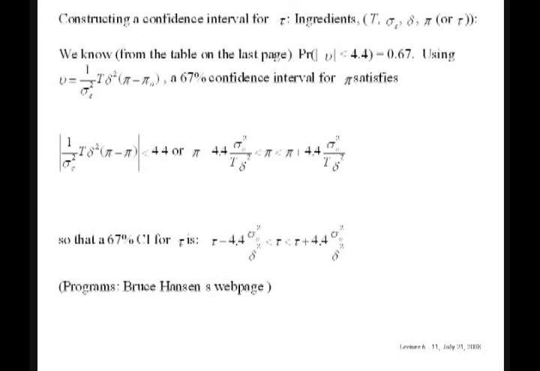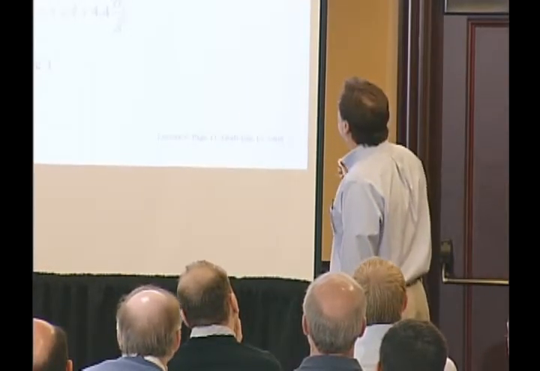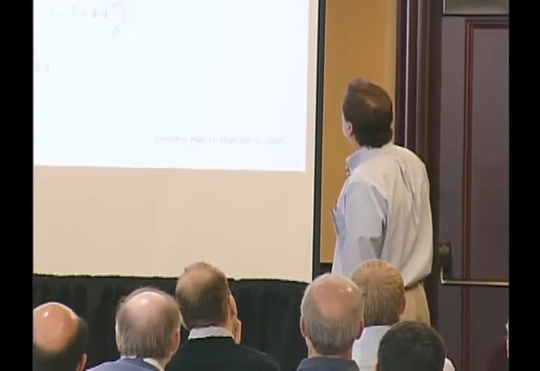Because now we think about constructing a confidence interval. And what would the ingredients for the confidence interval be? Well, we've got to construct this nu hat thing. For a break date, I need to know the sample size, sigma epsilon, remember I divided by that, delta, and my estimated break date, fraction or date.